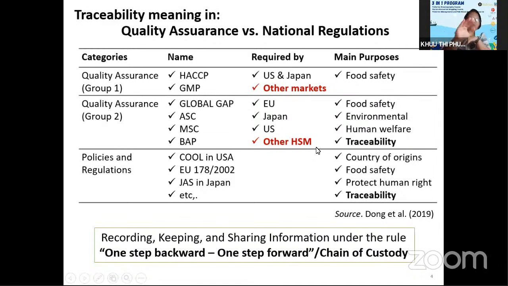All of them, quality assurance or policy regulation, include traceability, meaning that those certifications or regulations require recording, keeping, and sharing information under the rule of one step backward and one step forward. Please remember that.